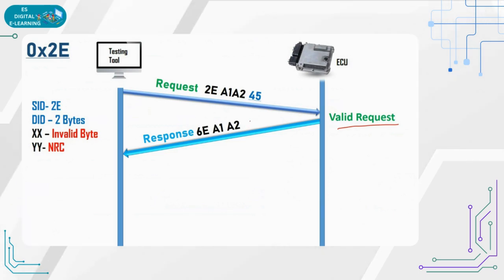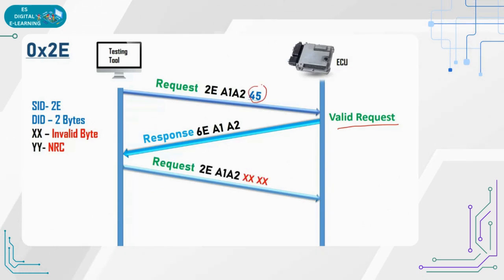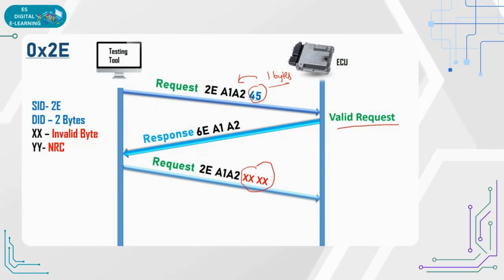Okay, is it clear? Next is the case of an invalid request. Here my data is only 1 byte, where it supports only 1 byte of storage. But here I have written an additional byte, so instead of 1 byte, I'm making it 2 bytes. Here it won't support it.